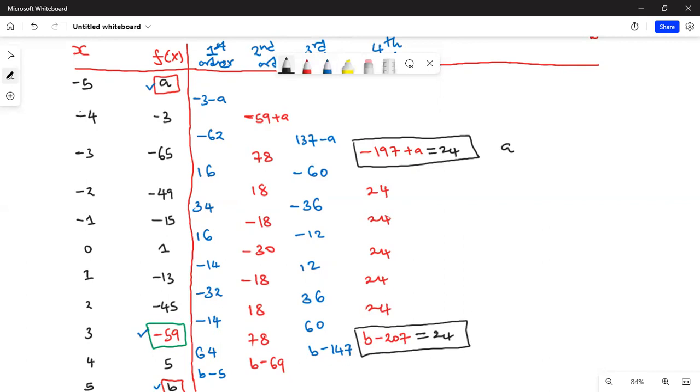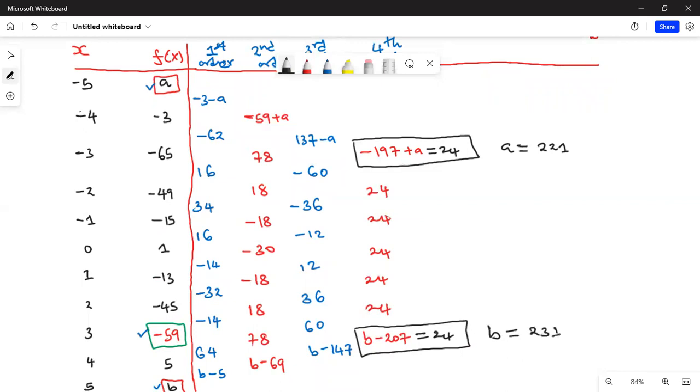Our A is equal to, you can solve it, make A the subject, 197 plus 24. That should give you 221. Here you'll get the value of B. That is 207 plus 24, that is 231.